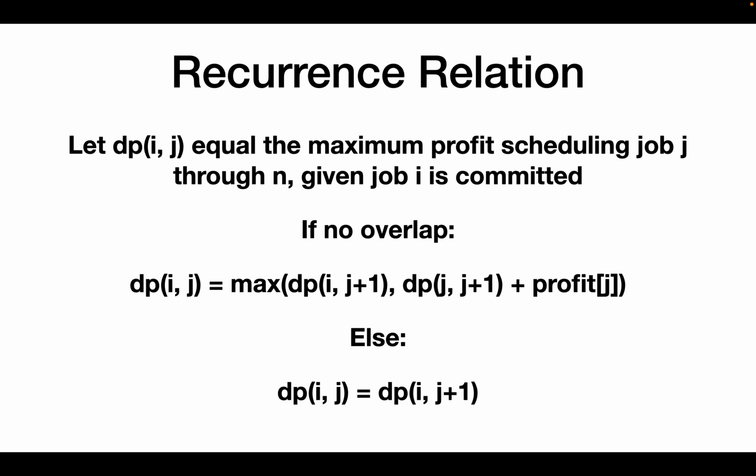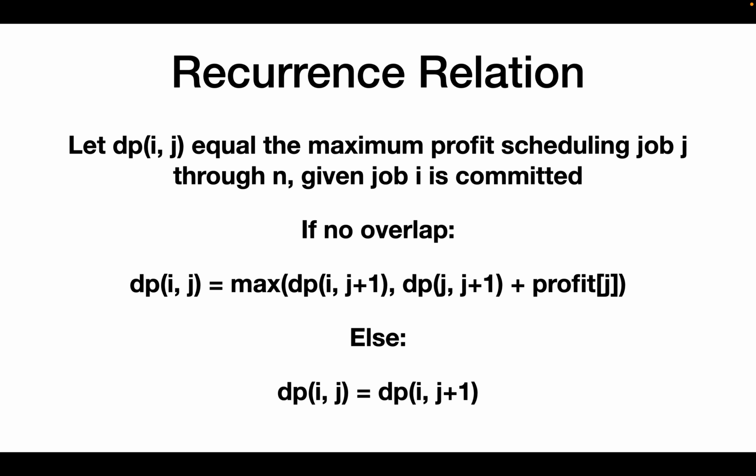So what is the recurrence relation for this? We're using two state variables, i and j, the preceding job and the current job, index i and j. Let dp of i and j equal the maximum profit scheduling job j through n, given job i is committed.